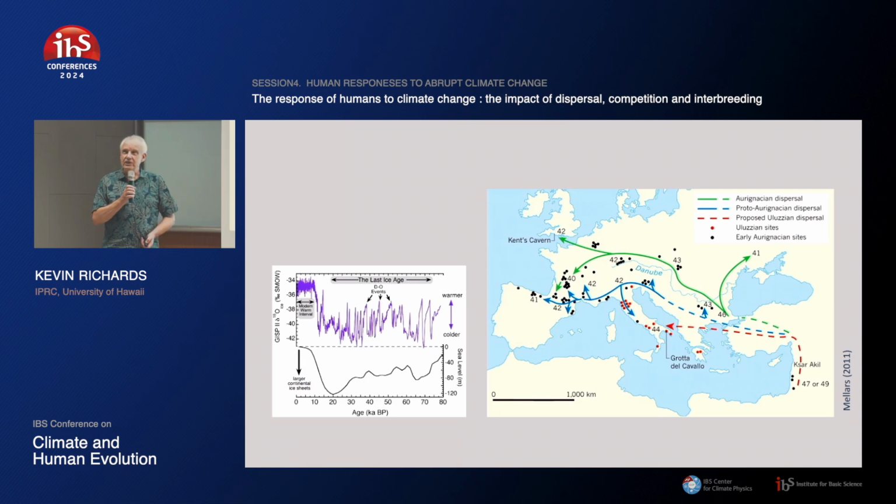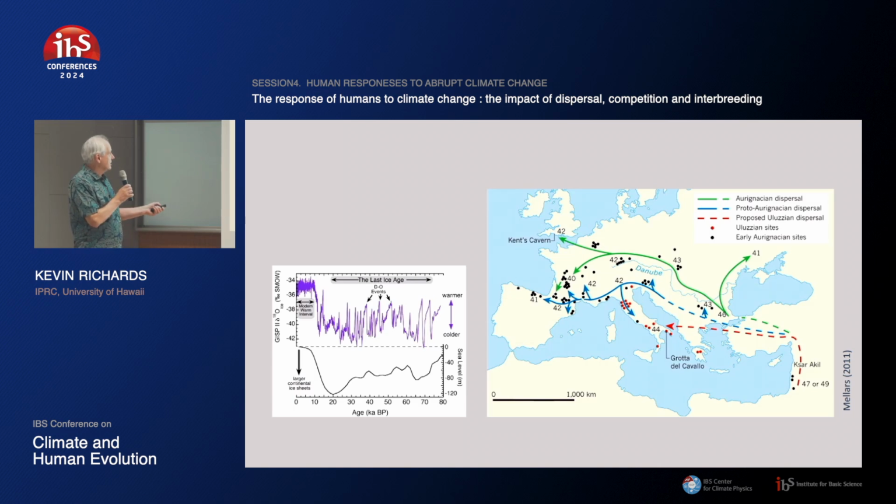This figure was redrawn by Paul Mellars after the redating of KC4, which was found in Kent's Cavern, which incidentally should be a little bit further west than indicated here, giving a date of around 42,000 years.